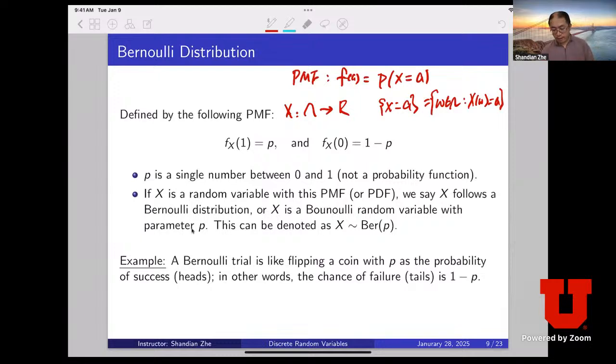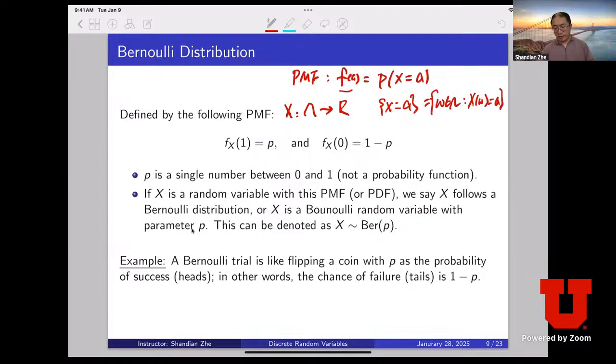Different a will correspond to different events, and those events will have different probabilities. That means the PMF will have different values. That's the definition of the probability mass function. Any questions so far?